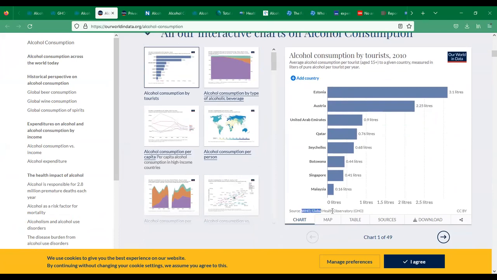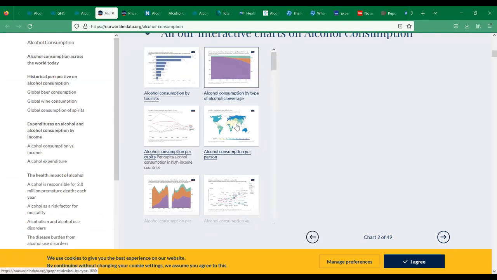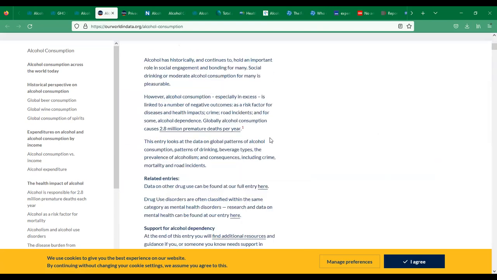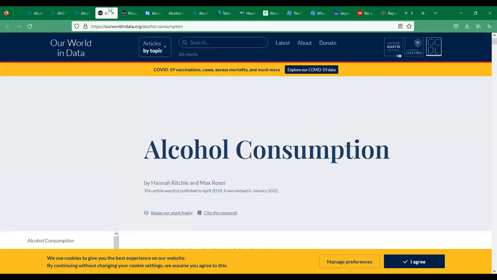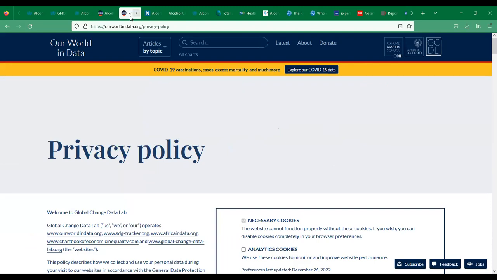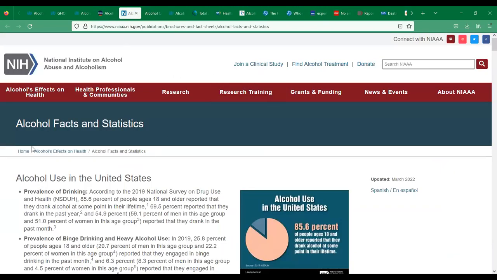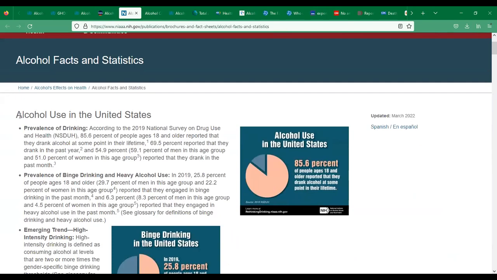World Health Organization data. Also, you'll be able to see National Institute on Alcohol Abuse and Alcoholism. So, alcohol use in the United States.